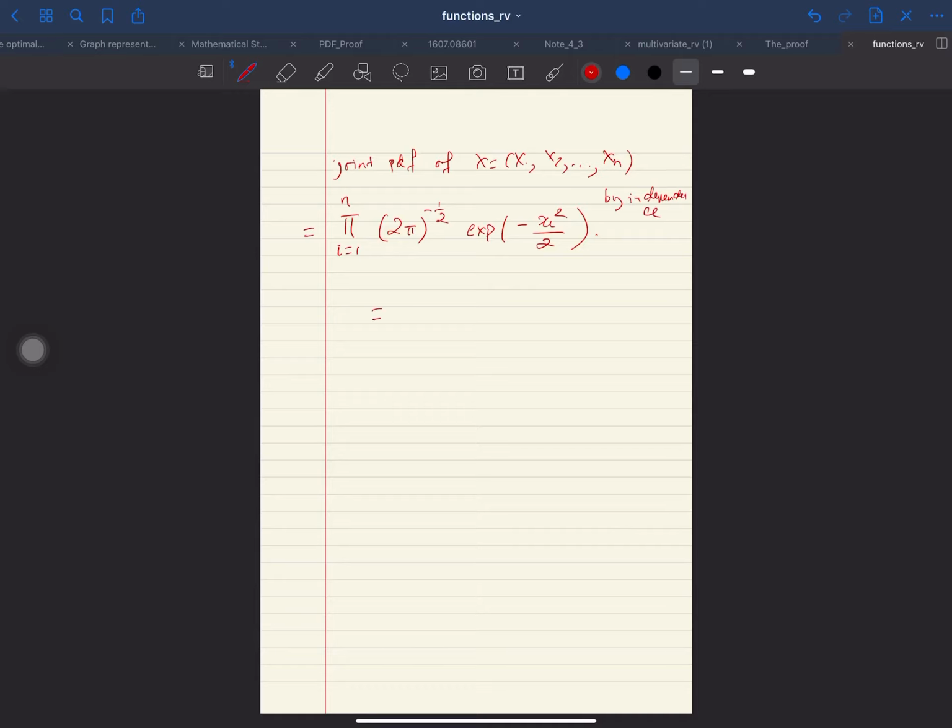And we can write this as (2 pi)^(-n/2) times exponential of minus 1/2 summation i from 1 up to n of xi squared. So this is the joint PDF for a collection of IID, independent and identically distributed, standard normals. Okay, so that's the first step.